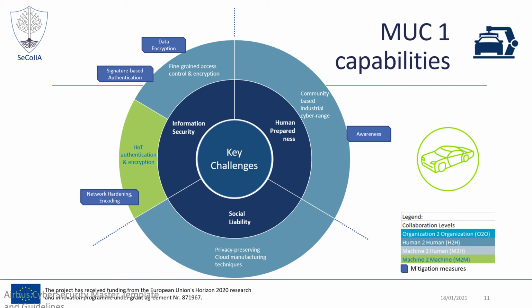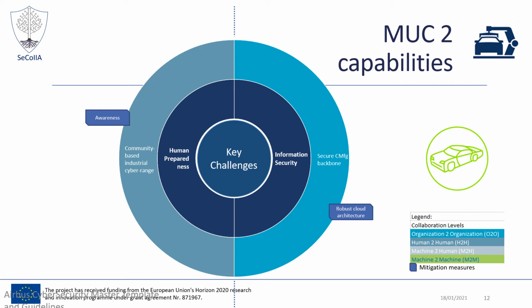And of course, human preparedness, in order for all the people working in this use case to be aware of what the risks are, what the misuse cases are, and how to not fall into the phishing scam, for example.